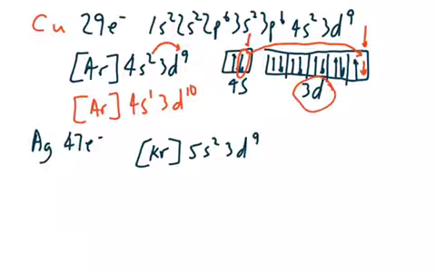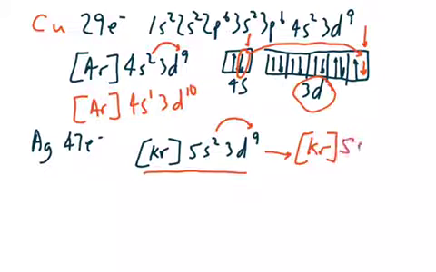And the same thing that happened with copper is going to happen. The electron from the s is going to come over and fill in the d orbital. What you see here on the left is what you expect the silver electron configuration to be. But in reality, silver will be 5s1 3d10. So this is the real configuration. Again, it's an exception to what you would normally expect.